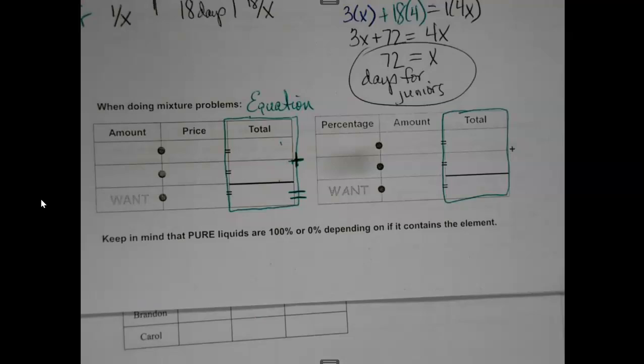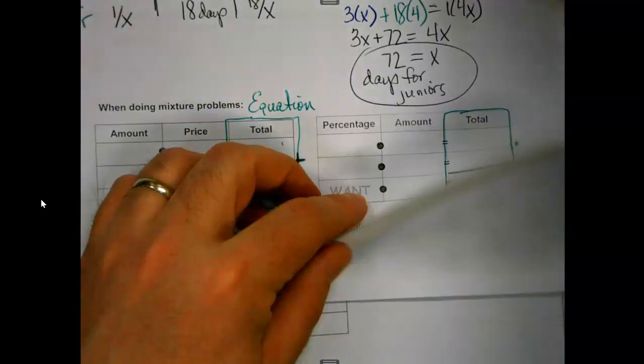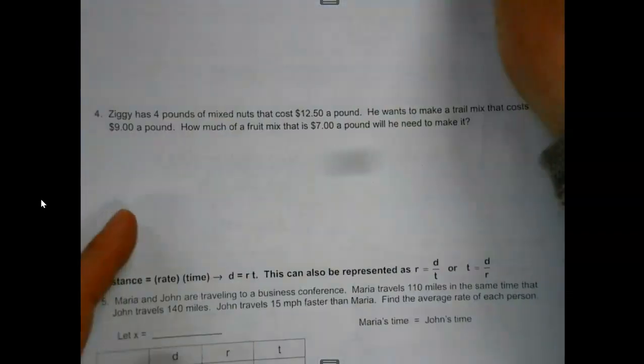If you set it up this way, it's going to do it for you every time, which is really nice. For every one of these that we're going to do moving ahead, I'm going to make a chart. If you get to a point that you don't think you need a chart, then don't use a chart. But I think I'm going to. So let's give one of these a go, or at least a couple.